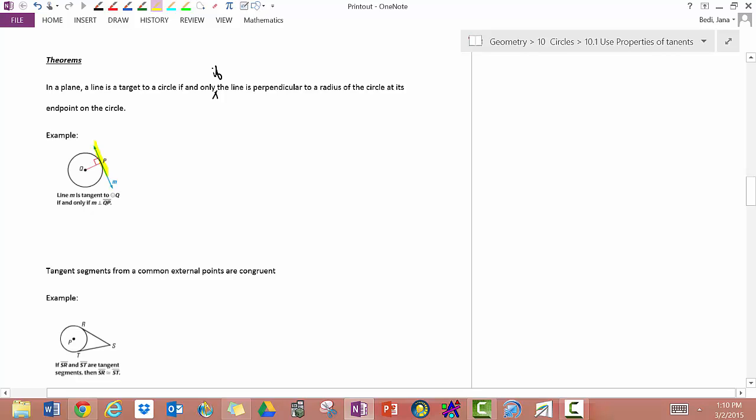This is your tangent line, lowercase m, and this is your radius, and we're saying the only way we will consider or determine that m is a tangent is if the radius makes a right angle with the tangent at the point of intersection on the circle.